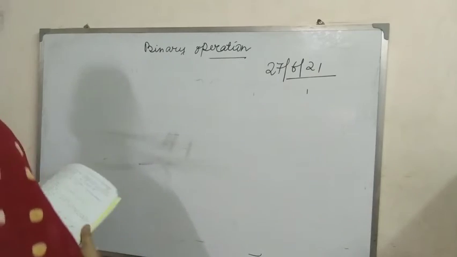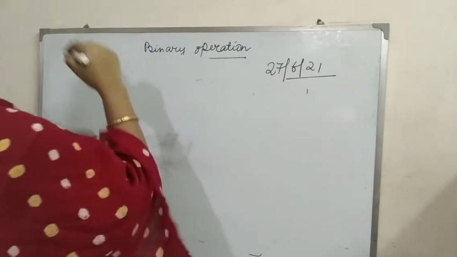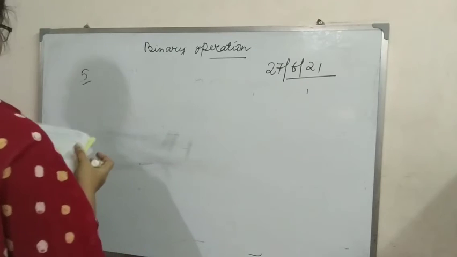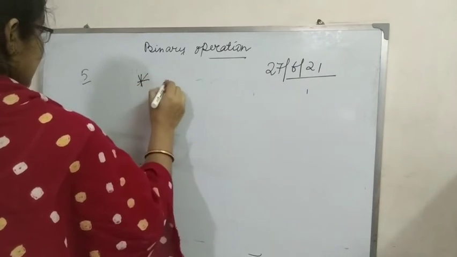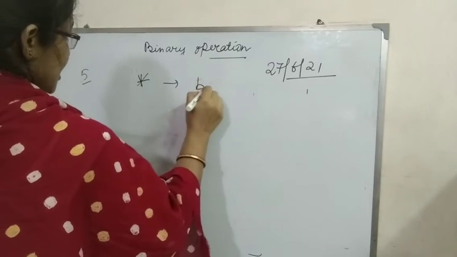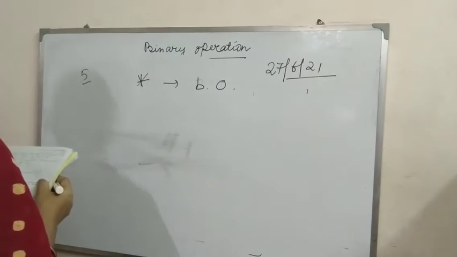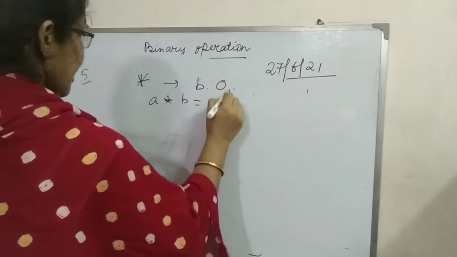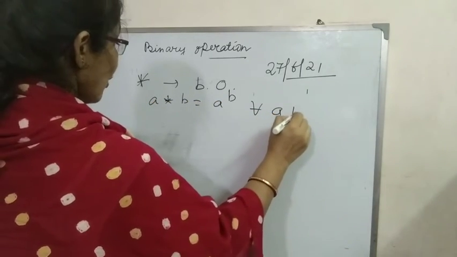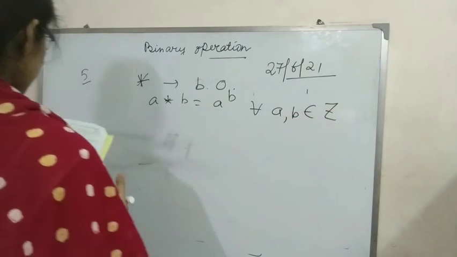Next sum is sum number 5. Let this be a binary operation, and here it is given that A operation B equal to A to the power B for all A, B belongs to Z plus.